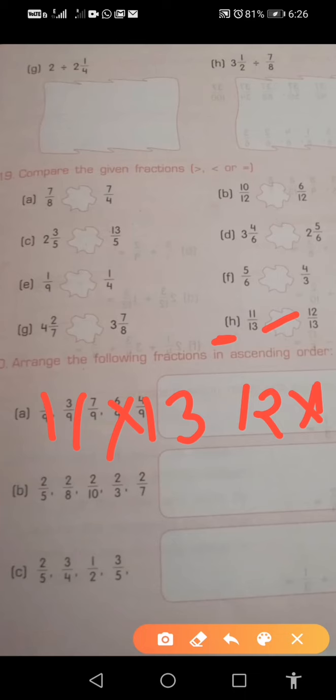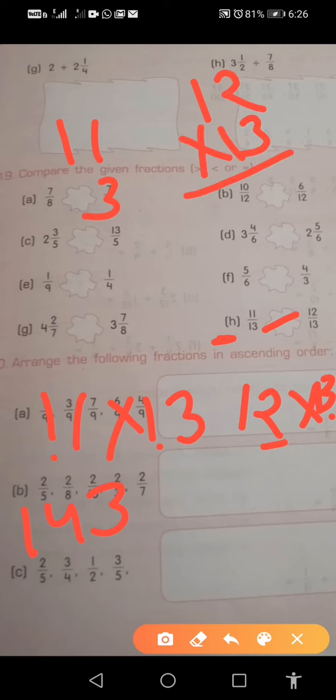Now the last question of that, 11 into 13, 12 into 13. 11 3s are 33, 11 1 is 11, 11 and 3 is 143. 12 into 13: 12 3s are 36, 12 1 is 12, 12 and 3 is 15, so 156.